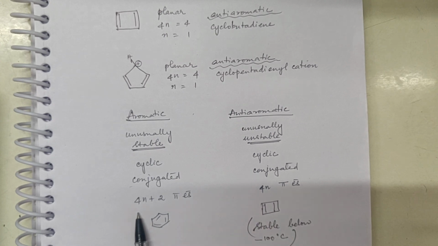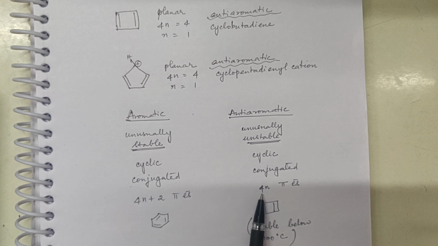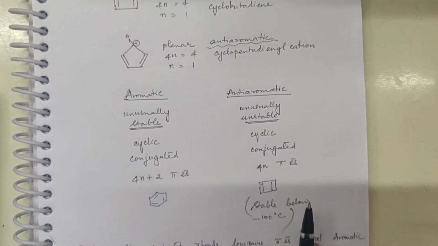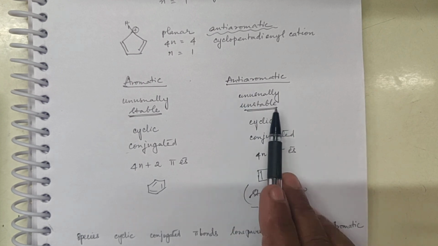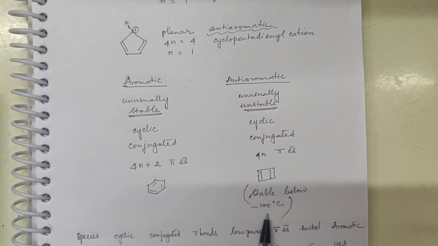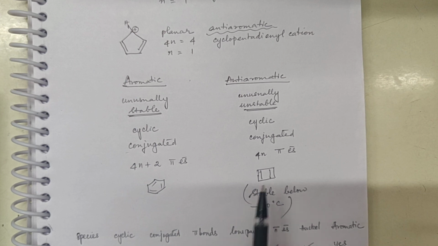Whereas in aromatic you have 4n plus 2 pi electrons, in anti-aromatic you have only 4n pi electrons. Now these two examples are the best ones to indicate that. Unusually unstable. Look at the stability of that molecule. It is stable only below minus 100 degrees Celsius. So you have to provide such a low temperature, only then this molecule will be stable.